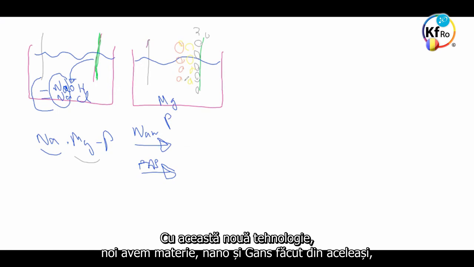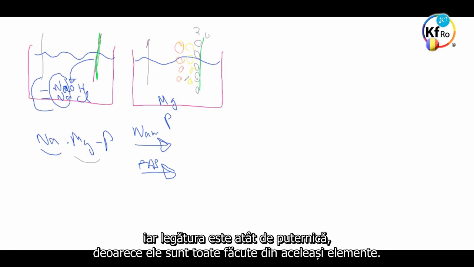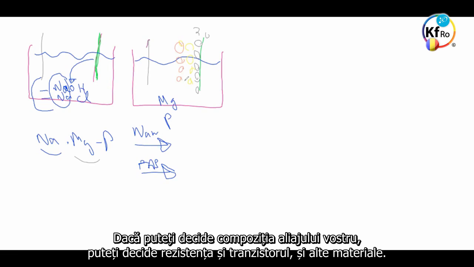With this new technology, we have the matter, the nano, and the GANs made of the same, and the bond is strong because they are made of all the same elements. If you can decide the composition of your alloy, you can decide the resistors and the transistors and other materials.